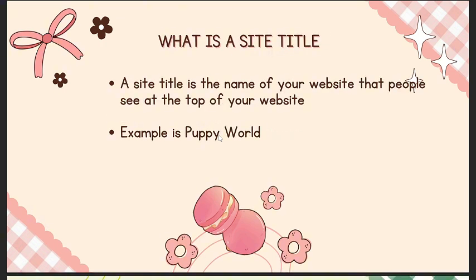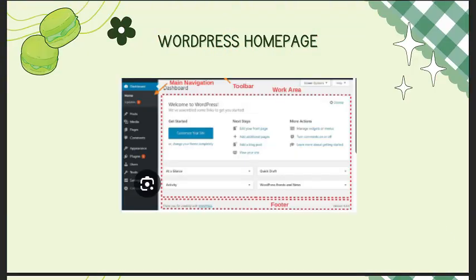Then a site title is the name of your website that people see at the top of your website. So it could be Puppy World or any other thing you want to name your site. So now let's go to WordPress and sign in.